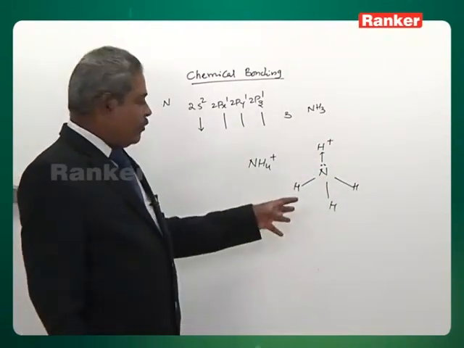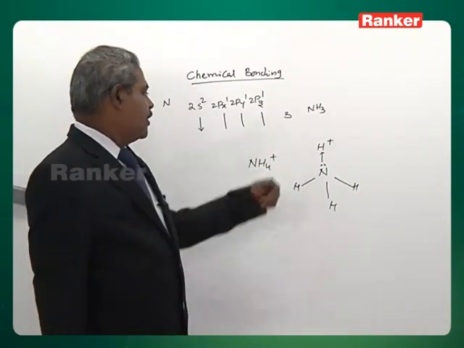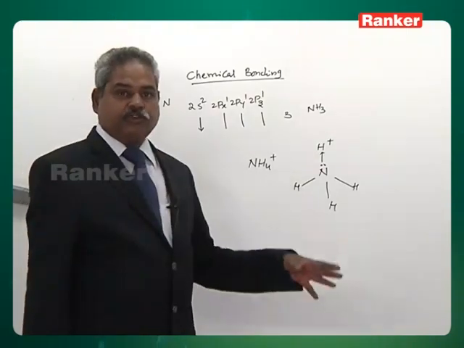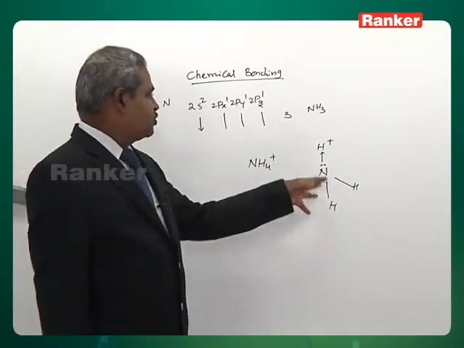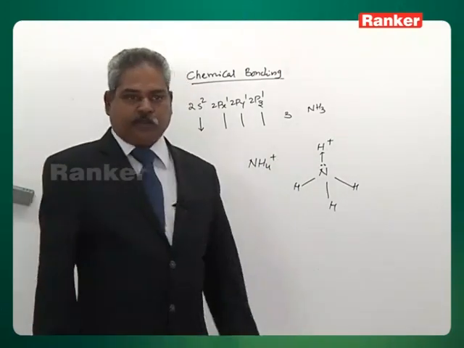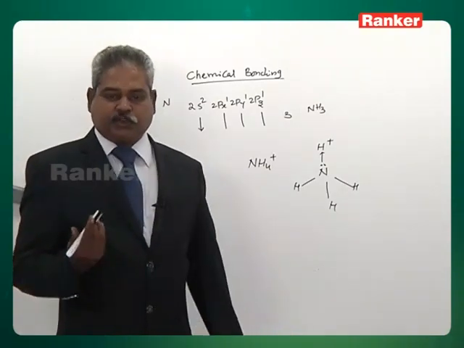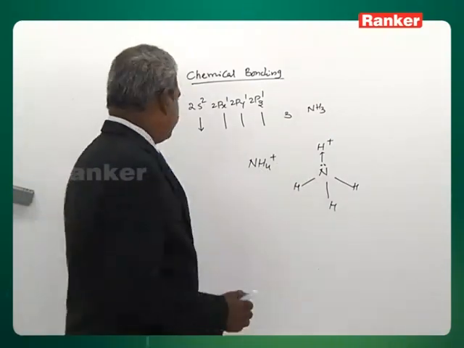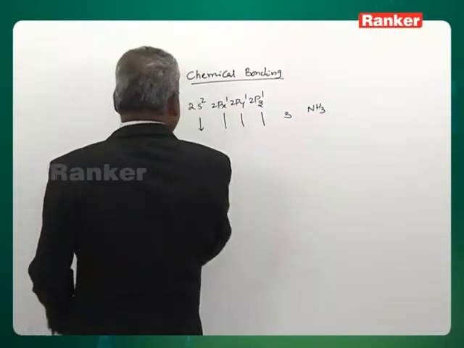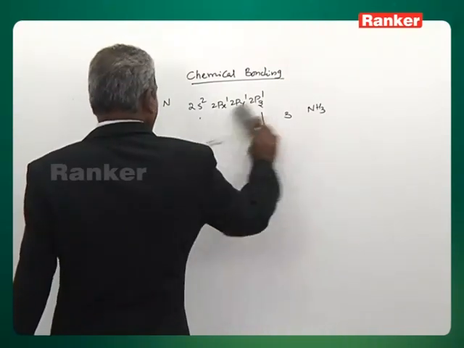That way, the bond angle has increased slightly, 107 to 109.5 degrees. So, the bonds are less strained now, in NH4 plus. That's the reason nitrogen donates that lone pair. So, why are lone pairs donated? The lone pairs present in a structure cause some repulsion. Now, the maximum covalency of nitrogen then is 4, NH4 plus.